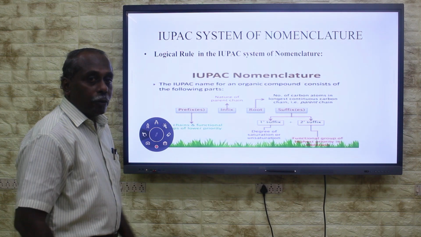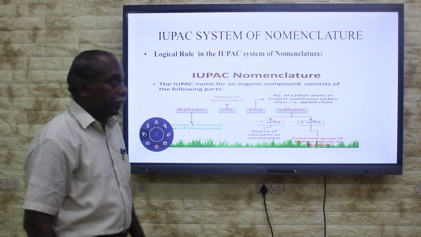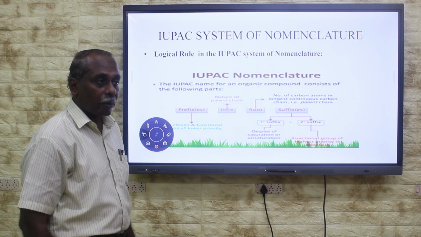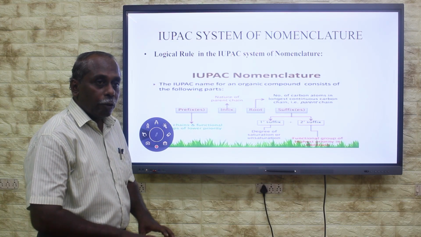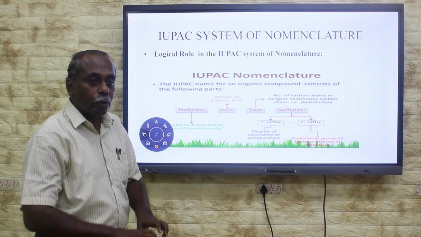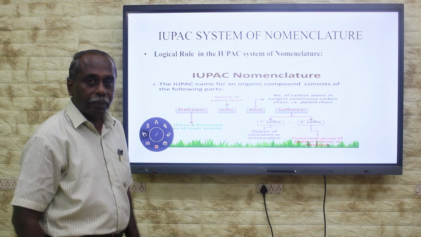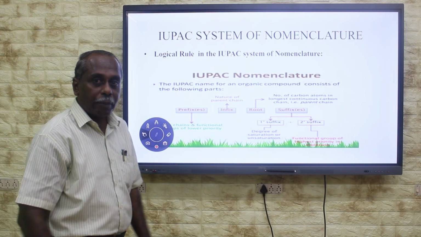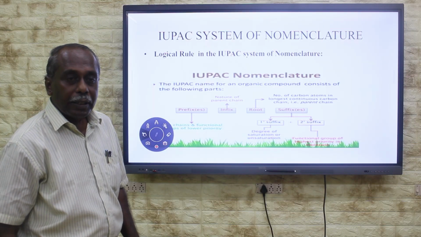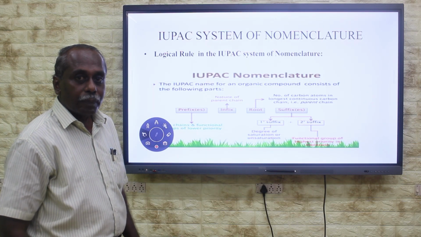Then we are going to define the logical rule in the IUPAC system of nomenclature. When you break the name of an organic compound into 5 fragments, one of the main fragments talks about the carbon chain in the organic molecule.